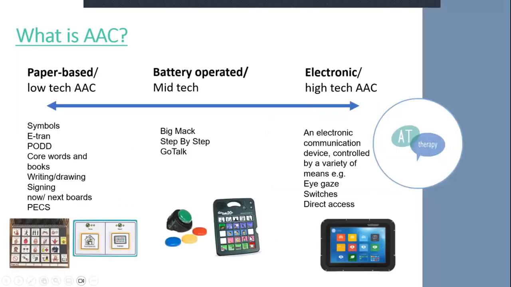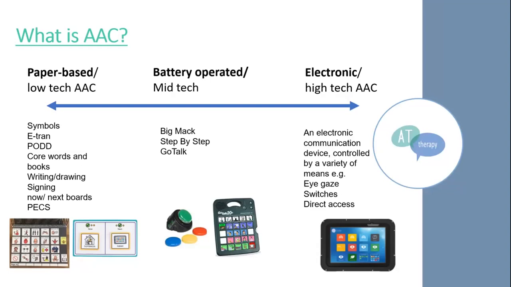We like to think of it as a spectrum rather than a hierarchy. So we've got it nice and visual for you here. We've got paper-based on one side, battery operated in the middle, and then electronic on the other side. You might also hear the terms low-tech AAC, mid-tech AAC, or high-tech AAC.